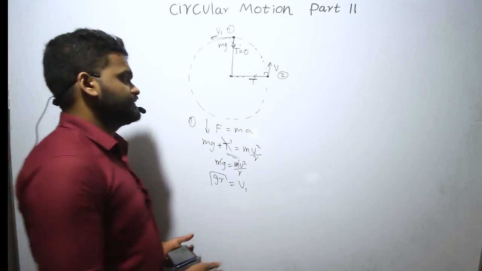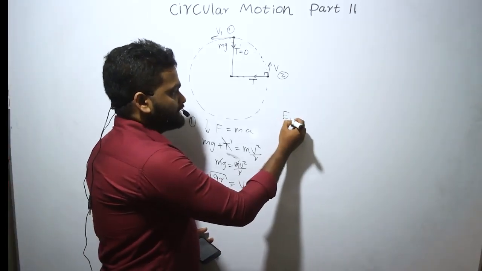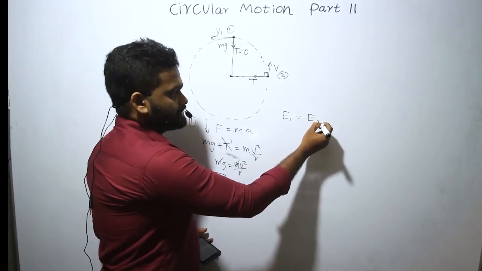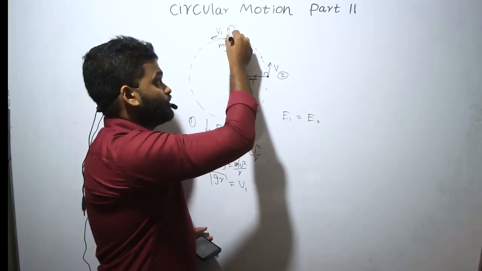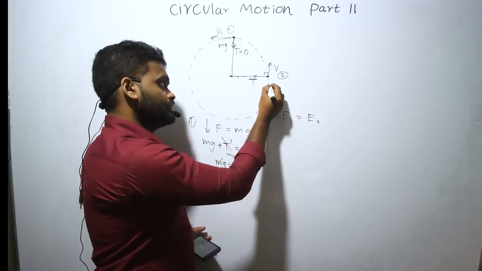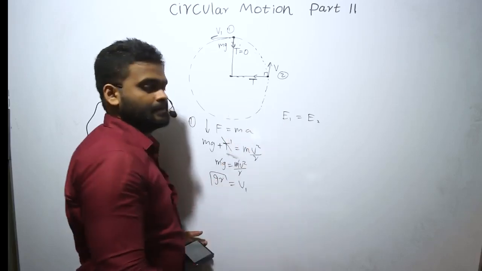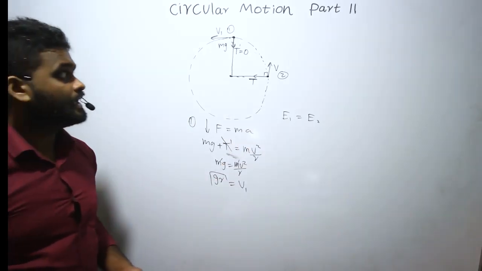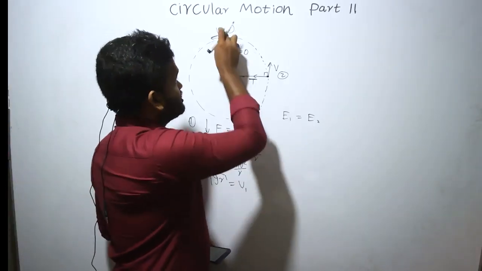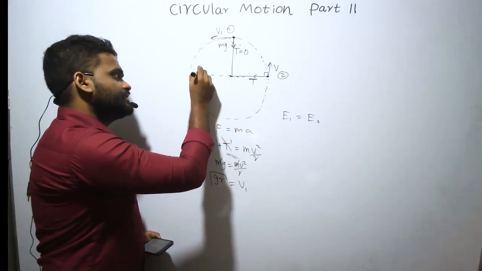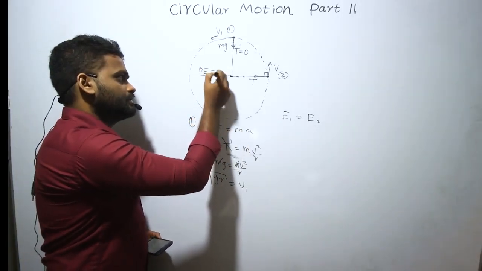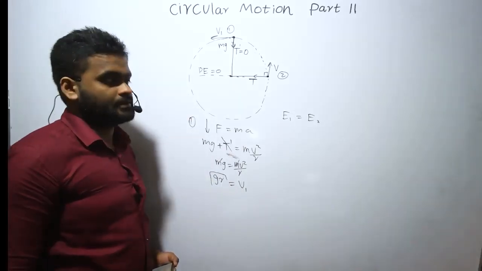Then you can say energy at 1 is equal to energy at 2. That is the energy conservation. I'll write energy at 1. Before writing that, you need to have a P equals 0 line. Let's say this is the P equals 0 line.